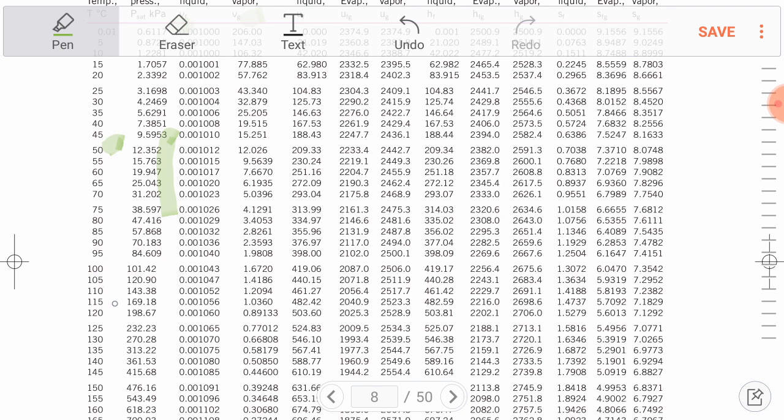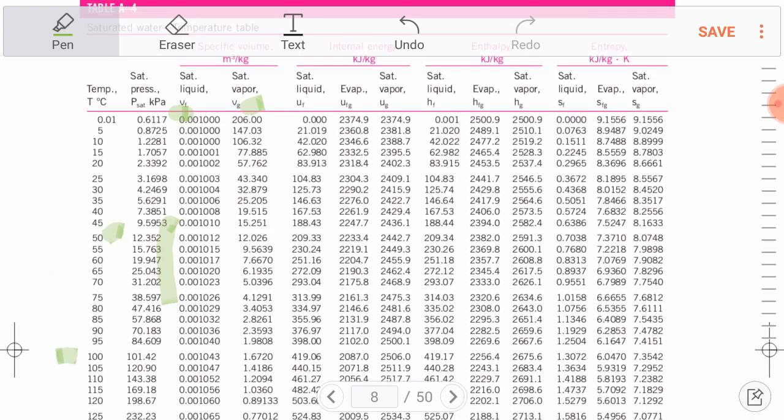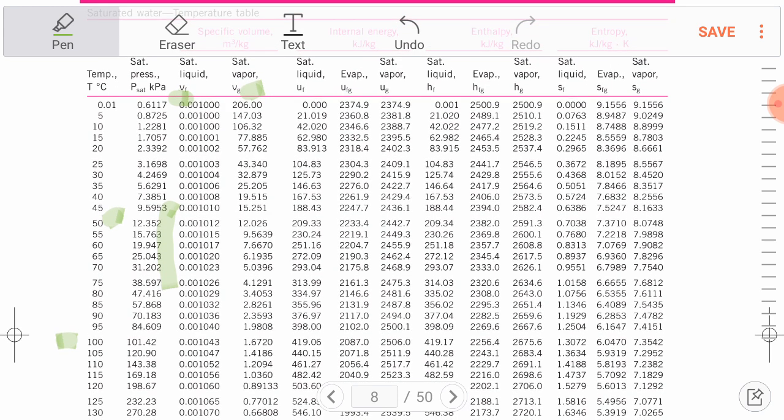For example, let's take 1 atmospheric pressure. The boiling point or saturation temperature is 100 degrees centigrade. We have to calculate the enthalpy at a quality of 0.6. So we take two different values, HF at 100 degrees centigrade, as well as HFG.